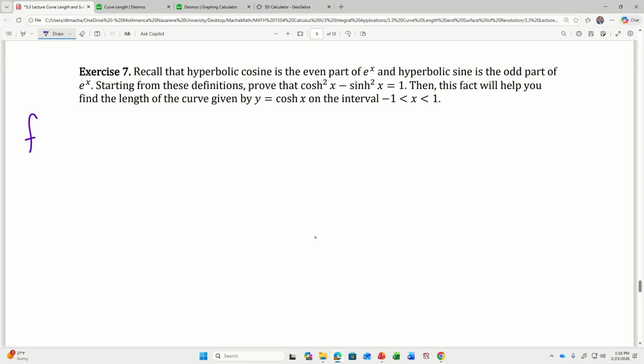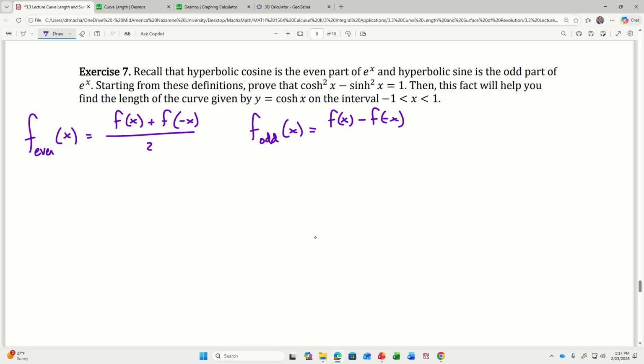So if you remember, the even part of a function is the function plus the function evaluated with a negative argument divided by 2. And the odd part of a function is the function minus the function evaluated at a negative argument divided by 2.